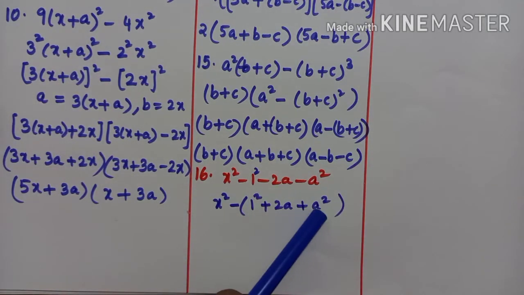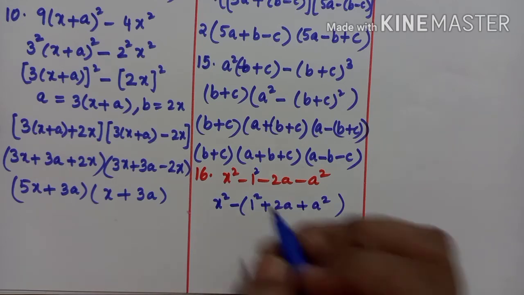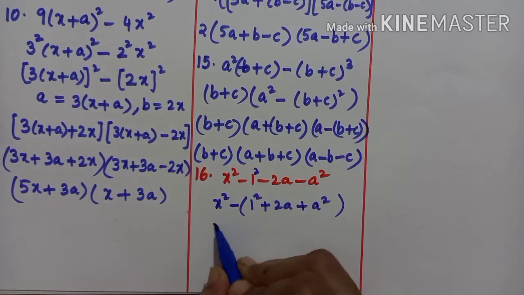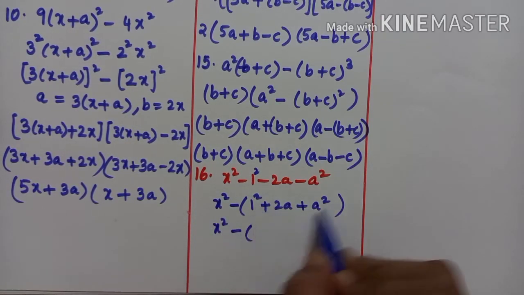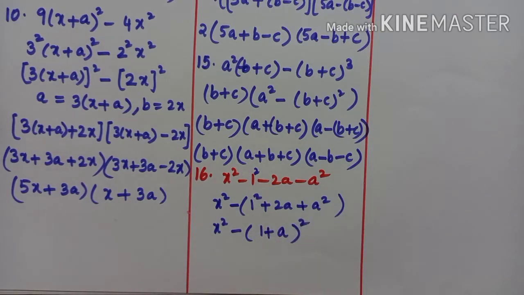Now a square plus 2a plus 1 square is the expansion of 1 plus a whole square. You know the a plus b whole square formula, that expansion only. So here x square minus, this is in the form of 1 plus a whole square, which means 1 square plus 2a, then plus a square.